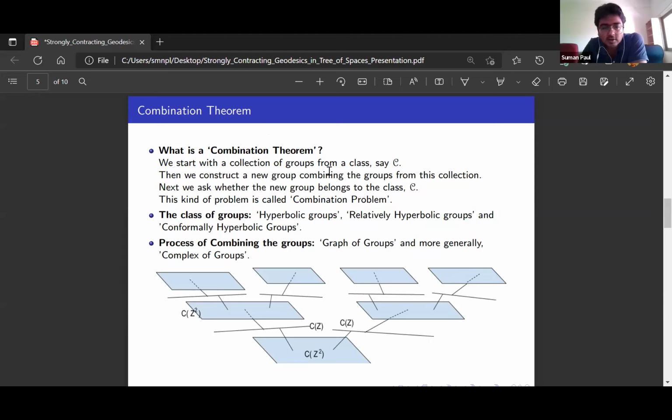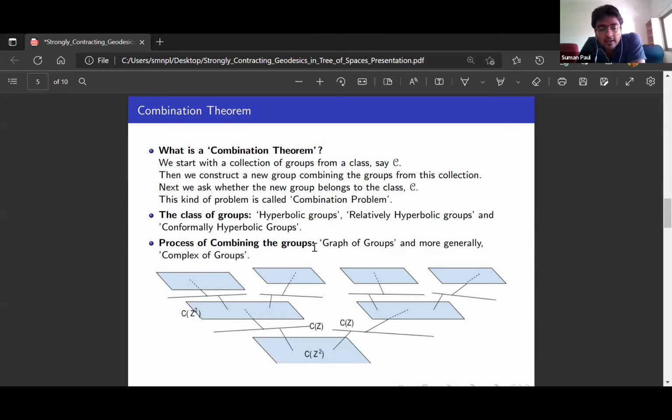Basically, we start with a collection of groups forming a class, then we construct a new group combining the groups from this collection, and then we ask whether the new group belongs to the same class. Here the classes of groups are hyperbolic groups, relatively hyperbolic groups, and more generally, conformally hyperbolic groups.